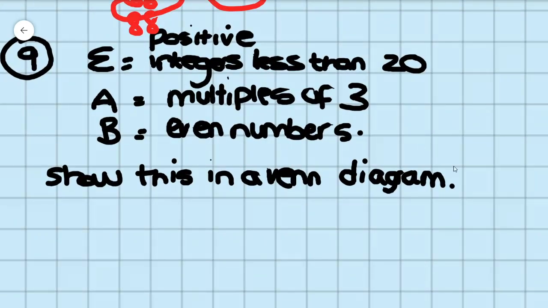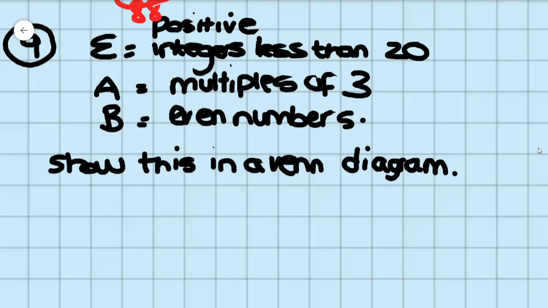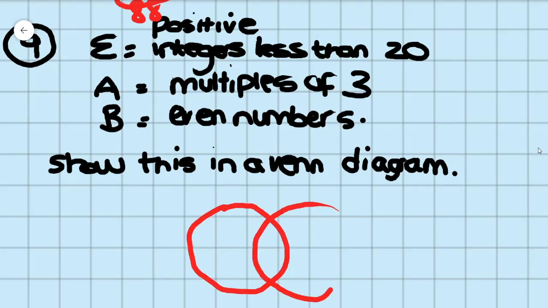Number 9, a Venn diagram problem. So I know my Venn diagram is 2 circles, and I'm told that I've got A and B, so this one can be A, this one can be B. And this set of data is the positive integers less than 20.